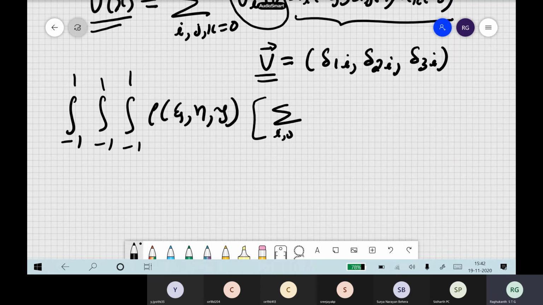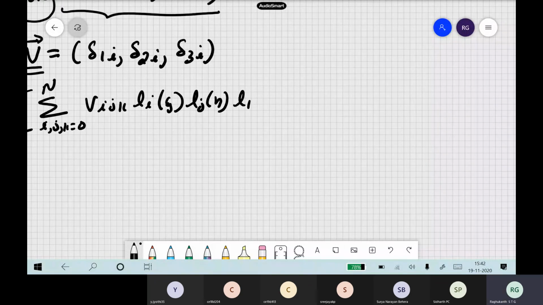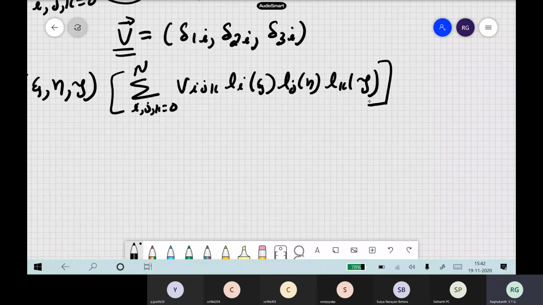So sum over i, j, k equal to 0 to n, we have this v ijk, Li of psi, then Lj of eta, then we have Lk of psi. Okay, so this is my function.